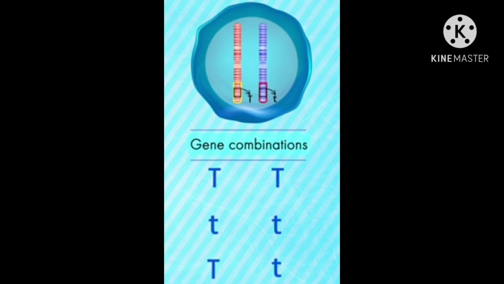Therefore, the plant becomes tall. In case of the recessive factor for dwarfness, that is small t, a less efficient protein is formed and it is present in homozygous state. As a result, less growth hormones are formed and the plant remains dwarf.